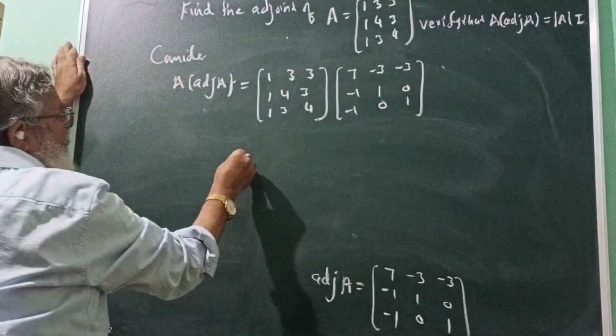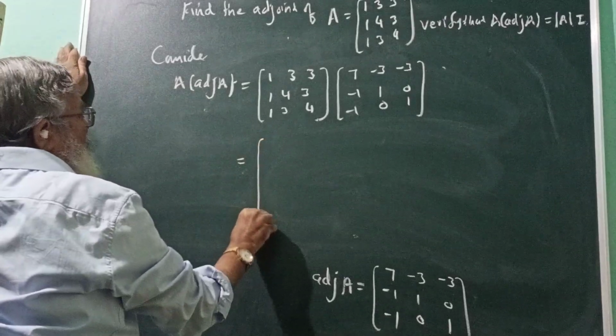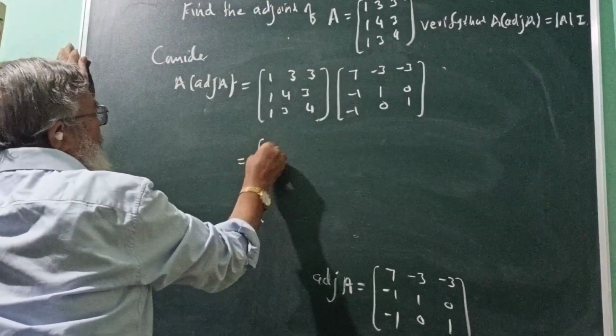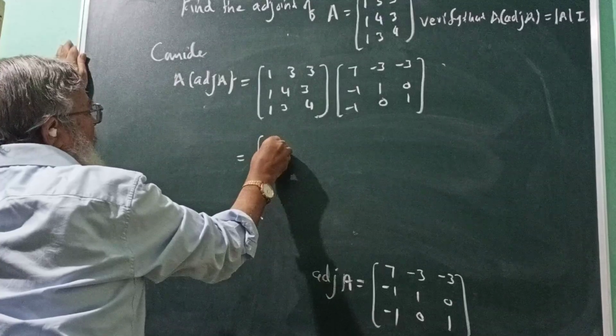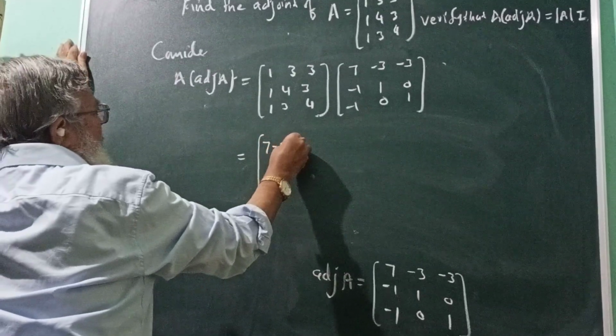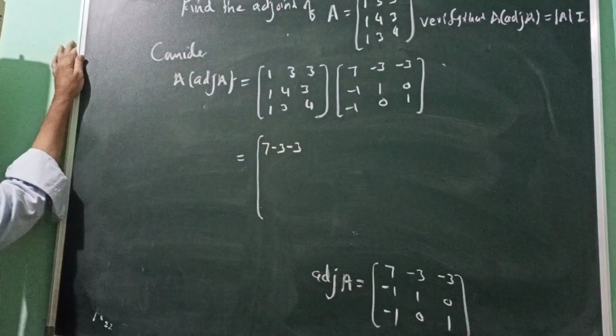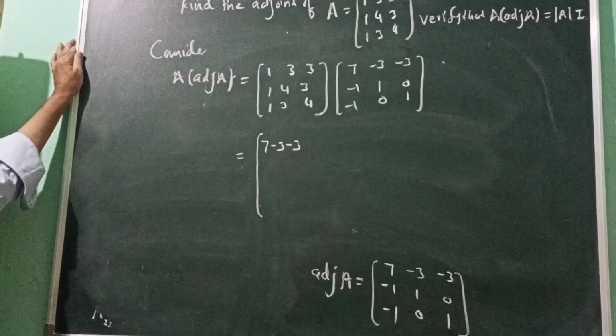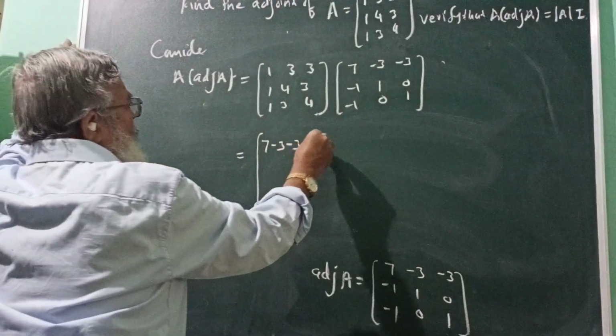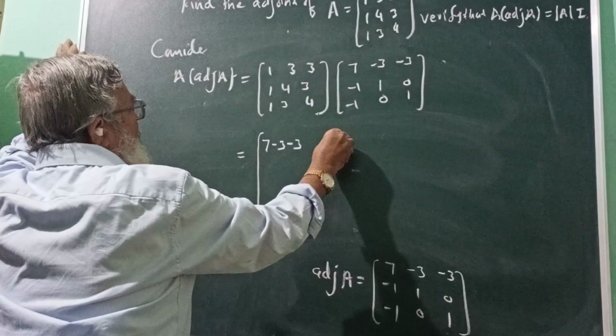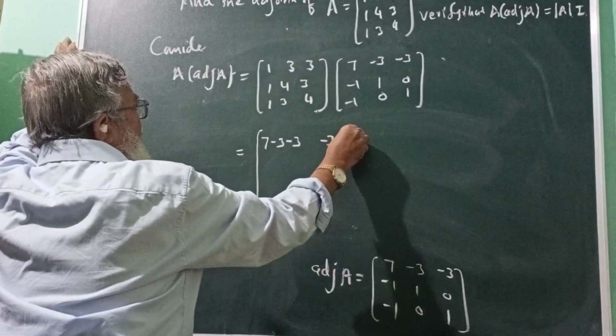Let us multiply. First row first column, 1 into 7, 3 into minus 1, 3 into minus 1. First row, second column, 1 into minus 3, 3 into 1, 3 into 0.